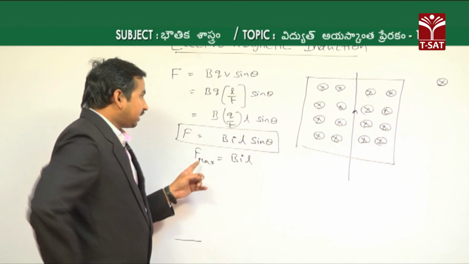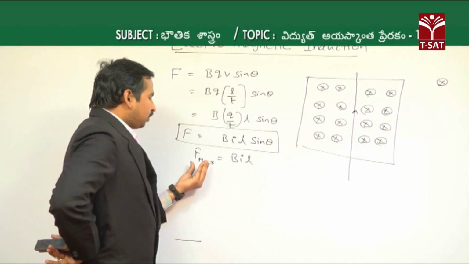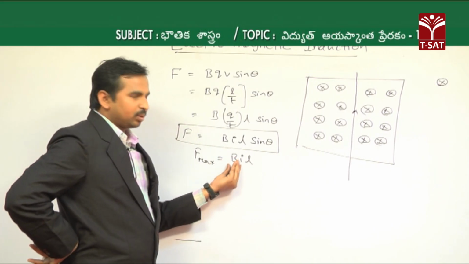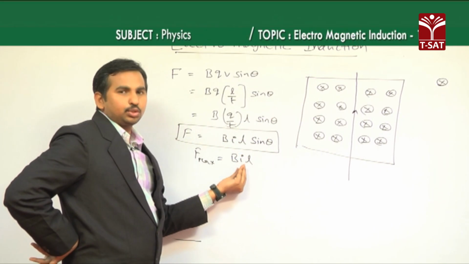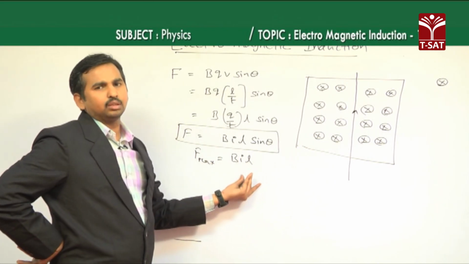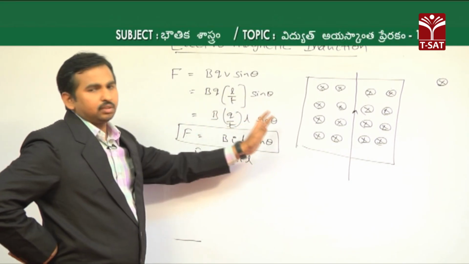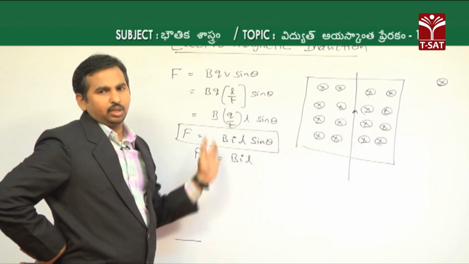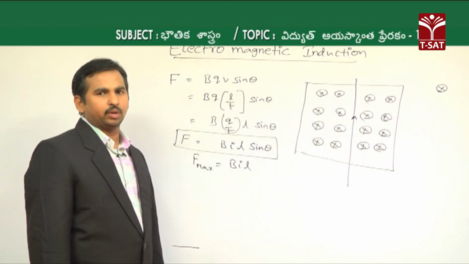So for a straight conducting wire, the force acting is directly proportional to the magnetic field strength we apply, the current passing through the wire, and the length of the wire. So this force depends on these three factors: B, I and L.